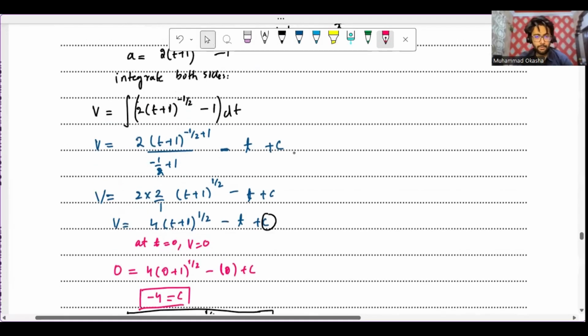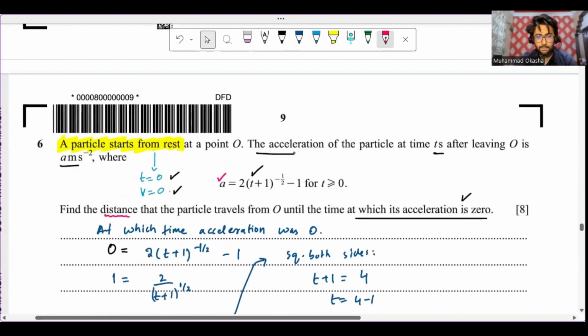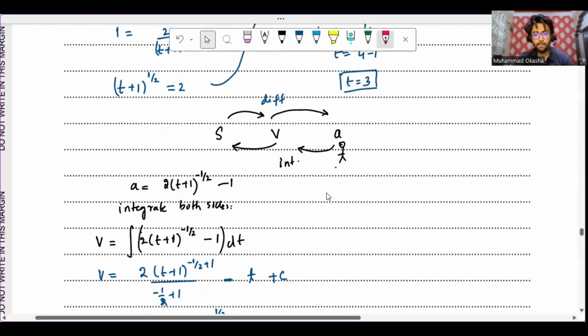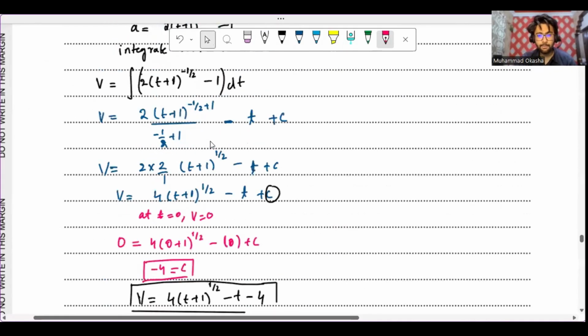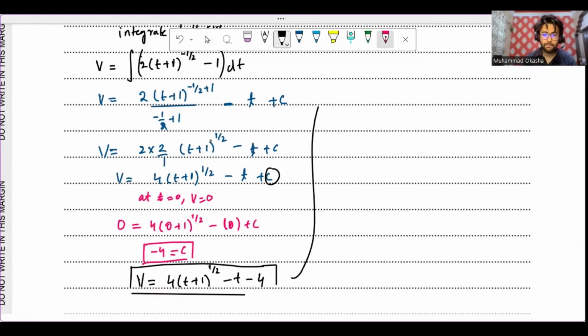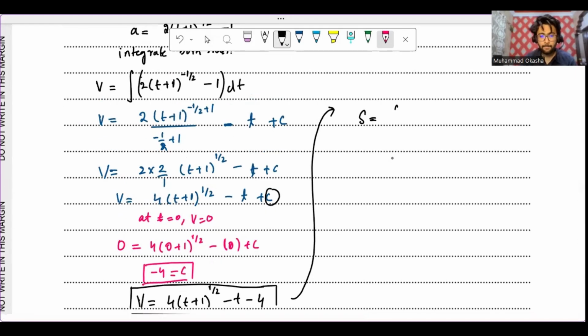Now, just writing out velocity is not enough because we need to get to the value of distance. So going from velocity to distance is simply integrating. Distance is equal to the integration of velocity, which is 4 times (t plus 1) to the power a half minus t minus 4.